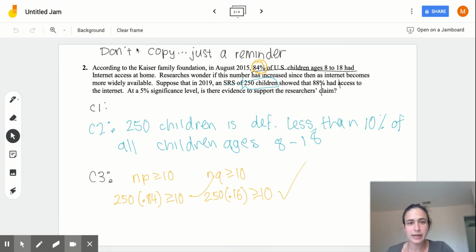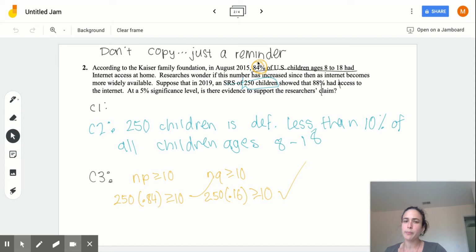Just to be clear, here's an example of one with the proportion. C1, you do the same thing. C2 is the same thing. C3 is the one that's different. You would have to do np and nq greater than or equal to 10. So you would just plug in your n, which in this problem, the SRS is 250. That's n. And for your p, p is the percentage of all US children.